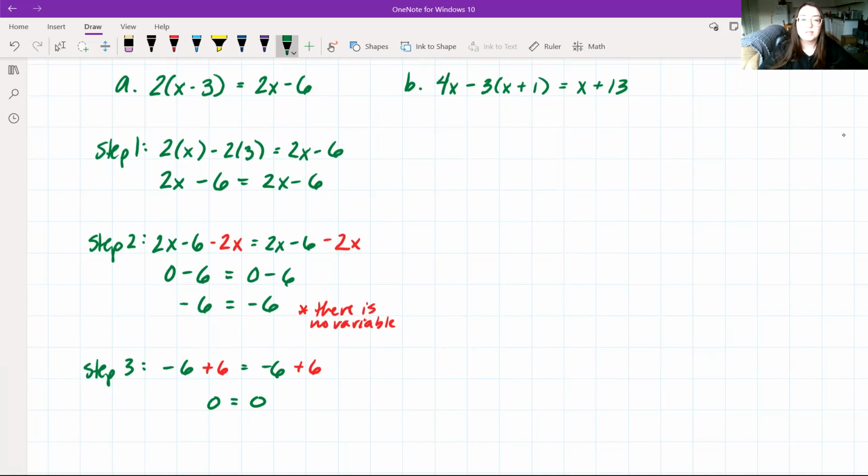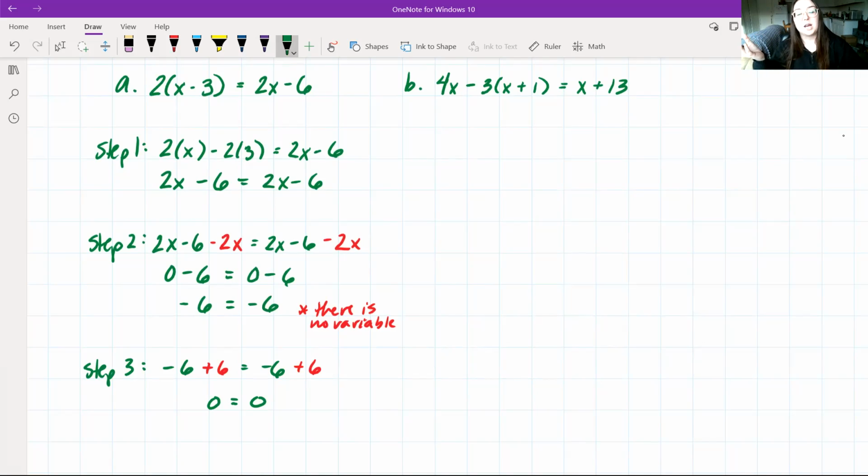And once we have some answer in the form of a number equaling the same number, so in this case, we could have stopped at negative 6 equals negative 6, or in this case, 0 equals 0. Whenever we get to this point where there is no variable anymore, this tells us that there are infinitely many solutions. We could plug in any number for x, and these statements would be true because they are equal to each other.